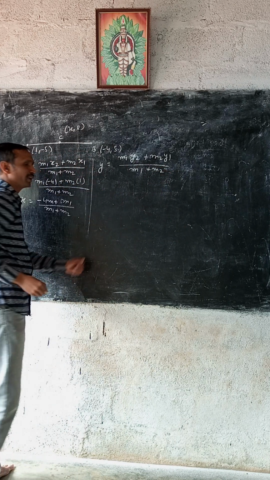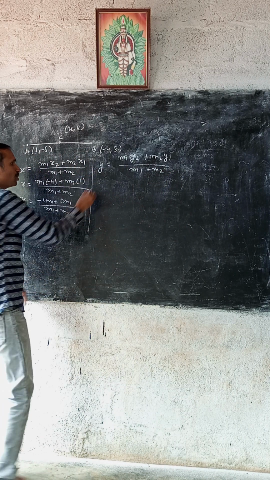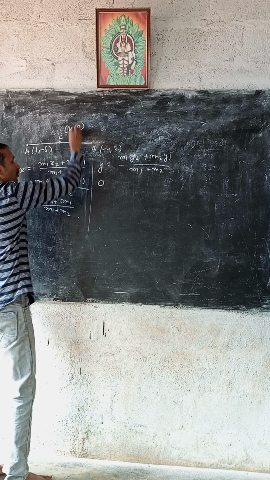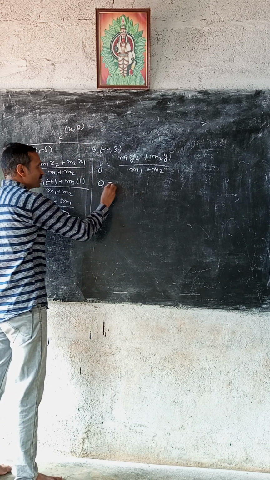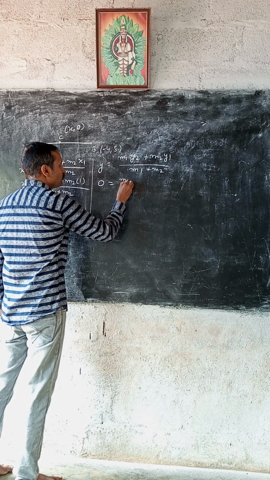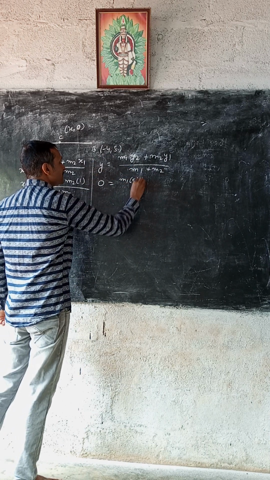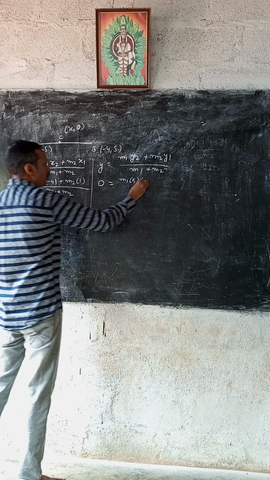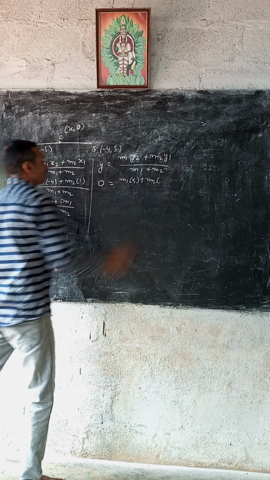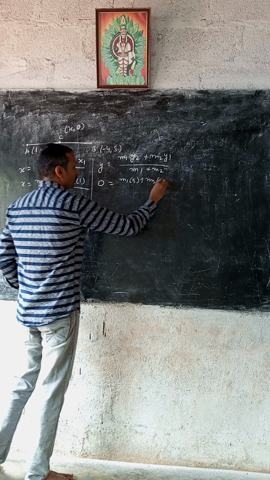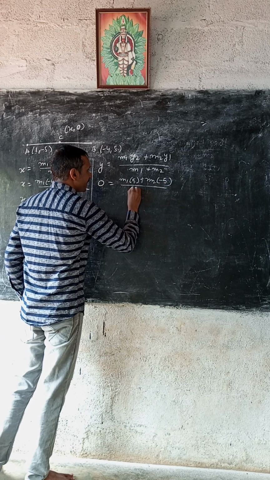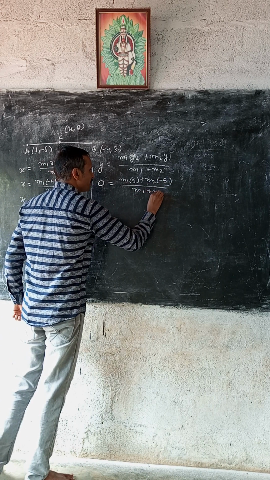Here y is given as 0, because the x-axis is asked. So 0 is equal to m1 times the y2 value, 5, plus m2 times the y1 value, minus 5, by m1 plus m2.